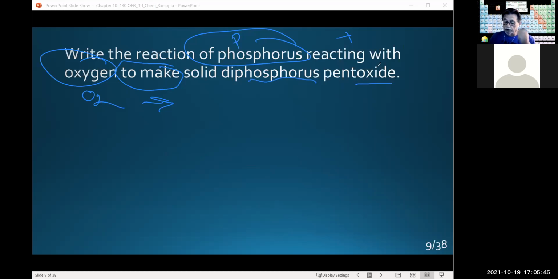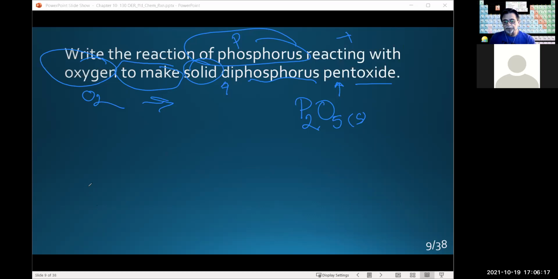As we were doing ionic and molecular compounds in writing and naming, here we're writing the formula. Write the parent formula first, phosphorus and oxide, and then put in the prefixes. So we got di, which is 2, and penta, which is 5. And this is solid because they're telling us it's solid. So here we are, we got everything all set up. Now it's a matter of writing it.